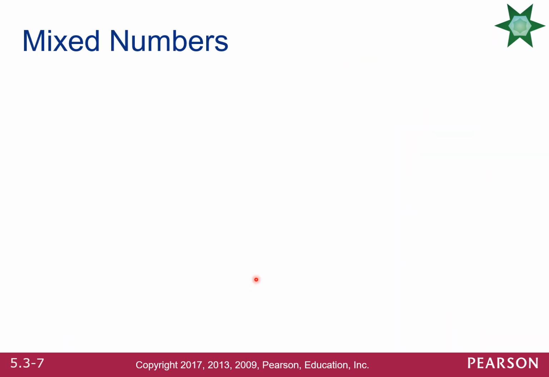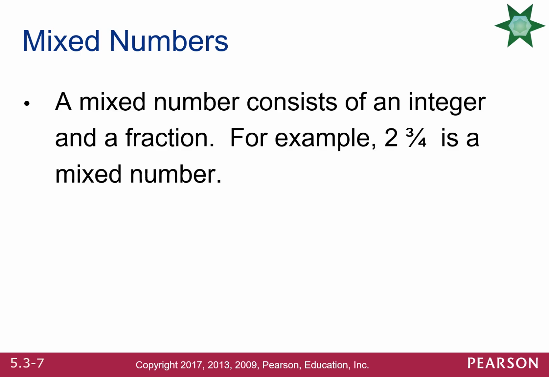All right. So now that we have gone through the process of reducing a fraction to its lowest terms, we will talk about what's called a mixed number. Now, a mixed number consists of an integer value as well as a fraction. So in this number 2 3/4, there are both kinds of values. An integer value, which is 2, and as you can tell, 3/4 is a fraction.